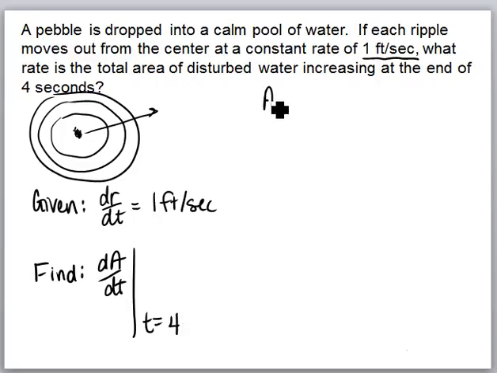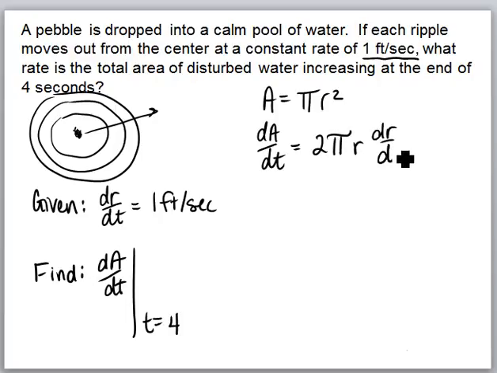Well, the area of a circle is area equals pi r squared. Step 4, differentiate that with respect to t. dA over dt is equal to 2 pi r. Remember, we're taking the derivative with respect to t, so I'm going to have dr over dt.